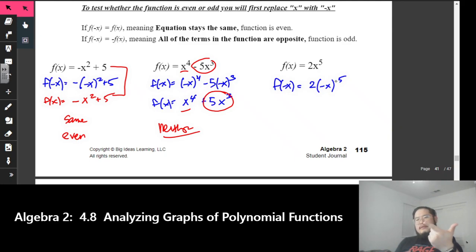Negative times negative, that's like x squared. It's going to be positive. Negative, positive, negative. Okay? So what we actually have right here is negative x to the fifth. So if we simplify it, this is negative 2x to the fifth.